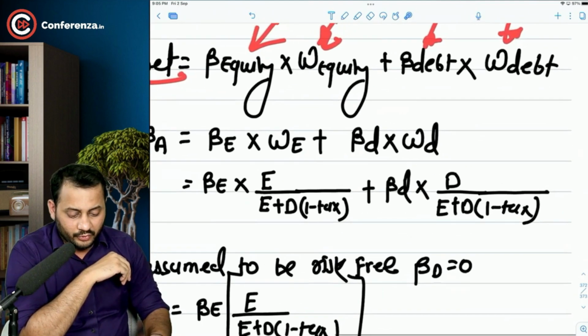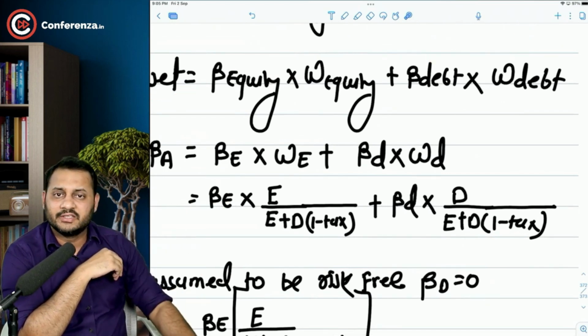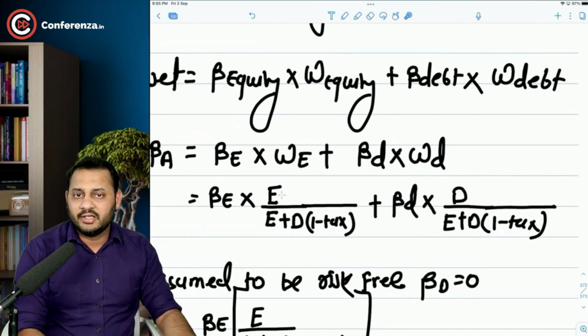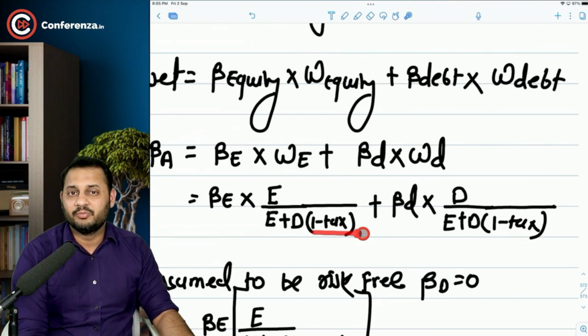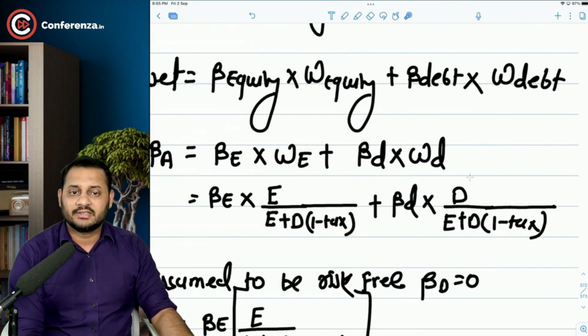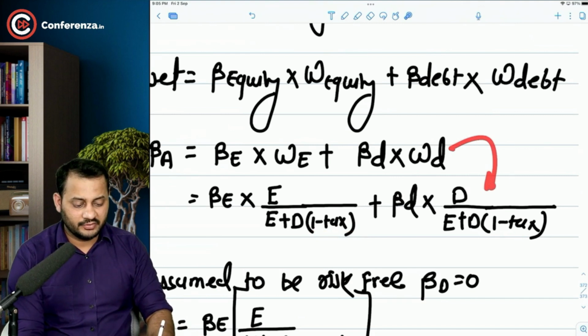And how to calculate the weight now? Weight is very simple, sir. Take the equity in the numerator and equity plus debt in the denominator along with the tax saving. So there is something in the debt that is beneficial to the company which is called tax saving on interest. Okay. In this case, how to calculate the weight of the debt?